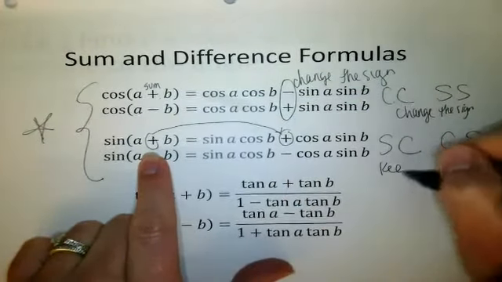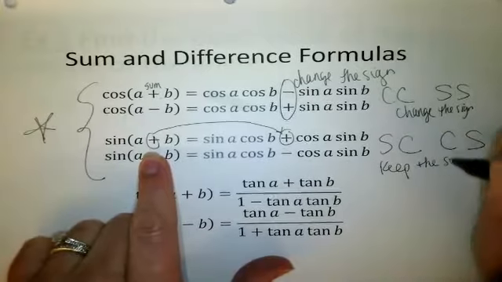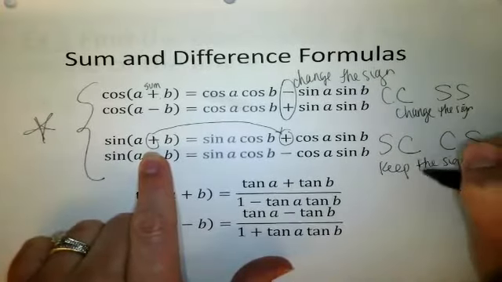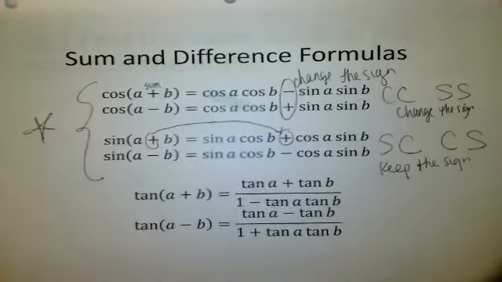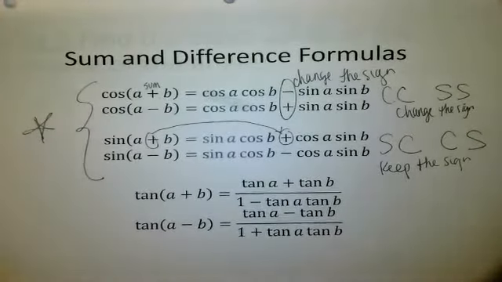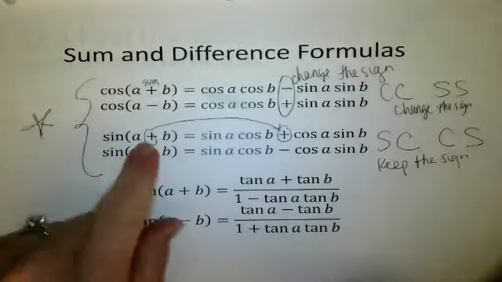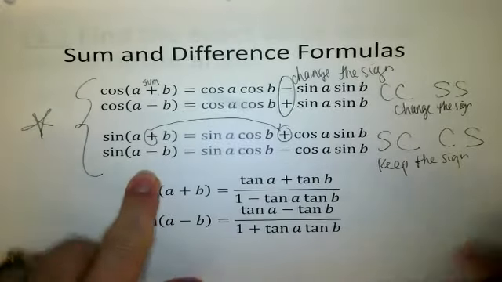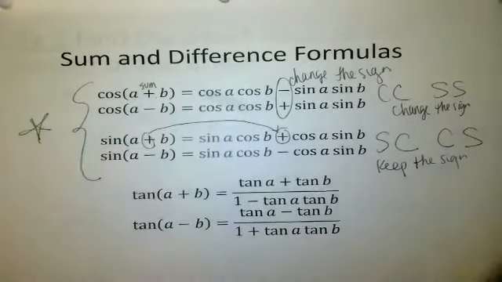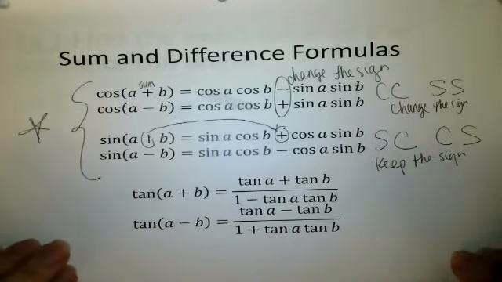Keep the sign, all right? So these are the little phrases that I memorized, that I know for some reason for years and years and years. And it's just a pattern to expand the sum and difference of two angles. So cosine, cosine, sine, sine, change the sign. Or sine, cosine, cosine, sine, keep the sign. Let's see how we actually use that.